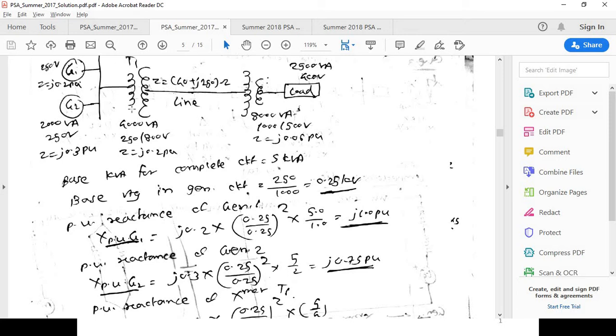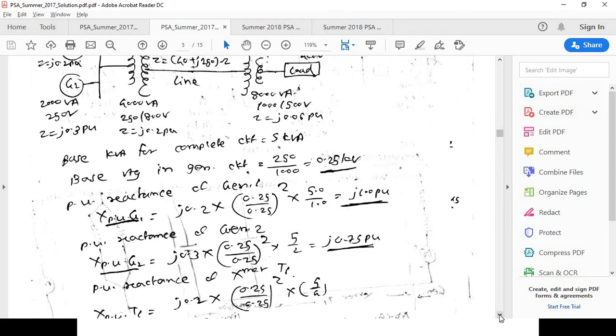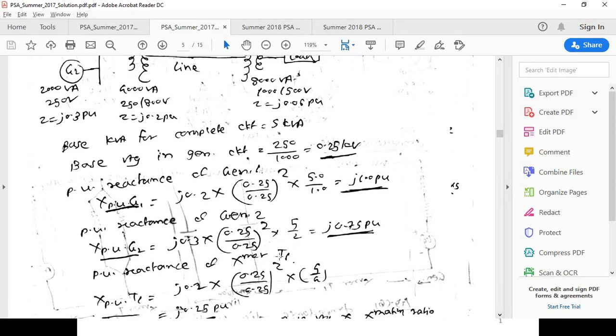Now we will calculate the per unit reactance of the transformer T1. For transformer T1, what is the actual reactance they had given? j0.2 per unit.